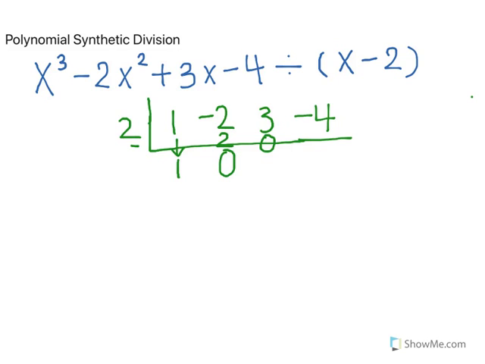Next, 3 plus 0 is 3, so we put that under, and 3 times 2 is 6, so we put the 6 under the -4. Next, -4 plus 6 equals 2, so that's what we write there.